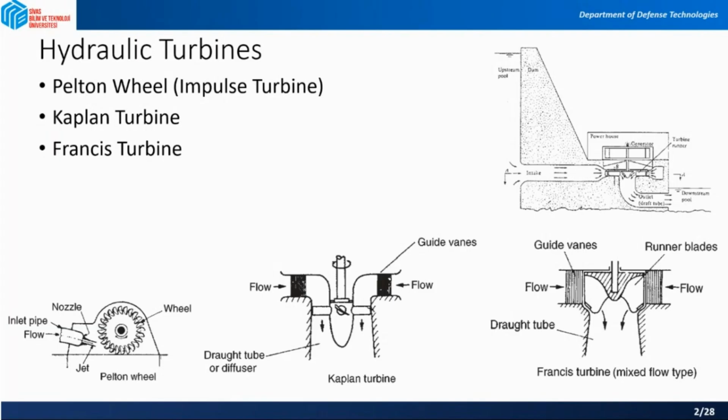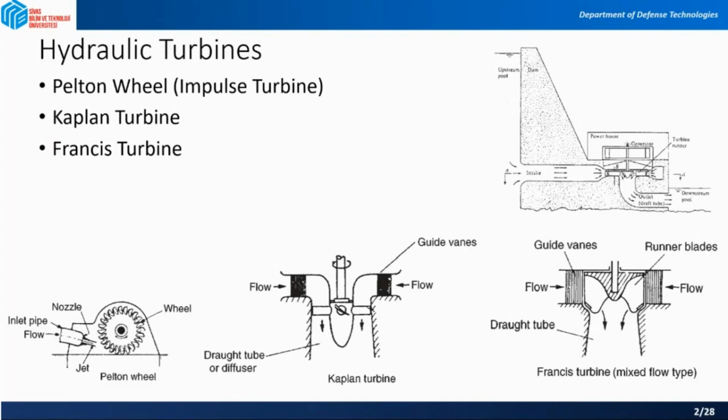As we said, all turbo machines can be classified as either impulse or reaction machines according to whether the pressure changes are absent or present, respectively, in the flow through the rotor. So, if the rotor can change the pressure, we say that it is a reaction turbine. If it cannot, it is an impulse turbine.